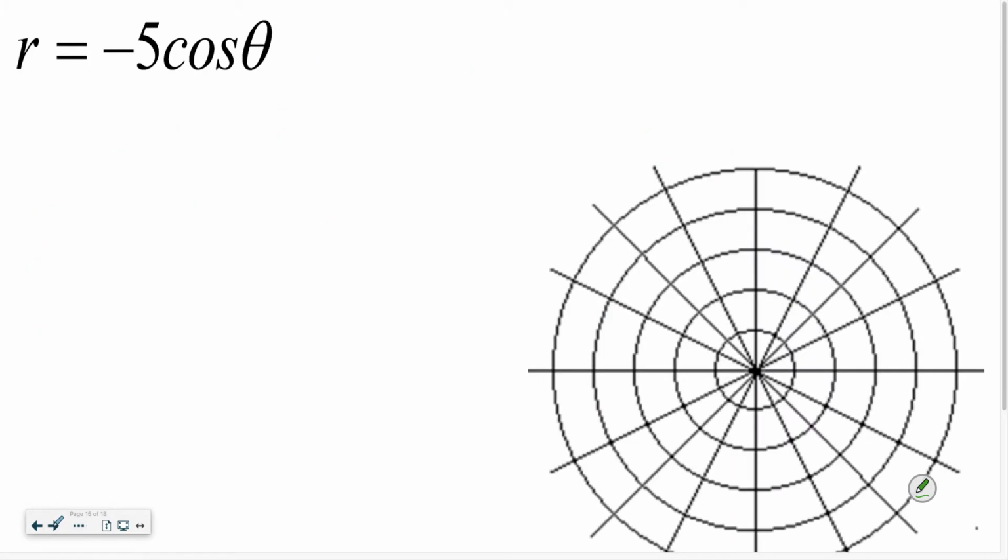We're going to do three graphs together. r equals negative 5 cosine theta. Caleb, what type of graph do we have? A circle. Chris, where is the circle in relation to the pole? To the right. The left.